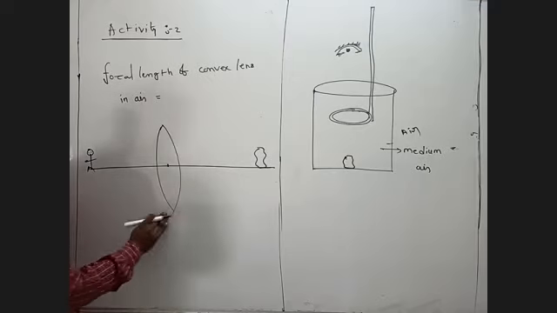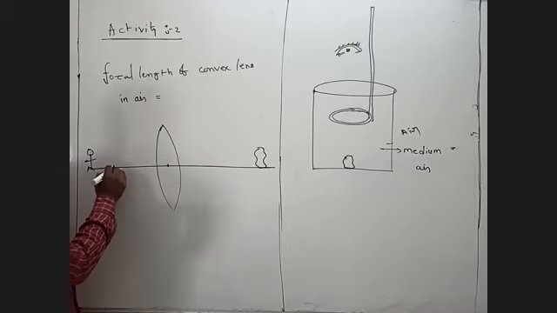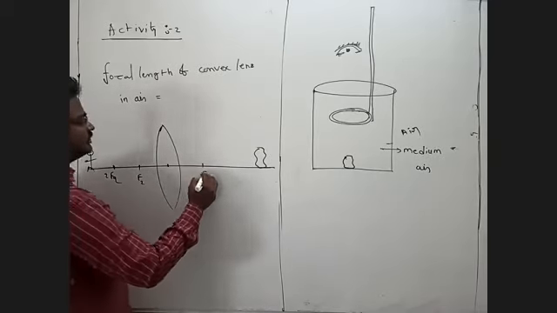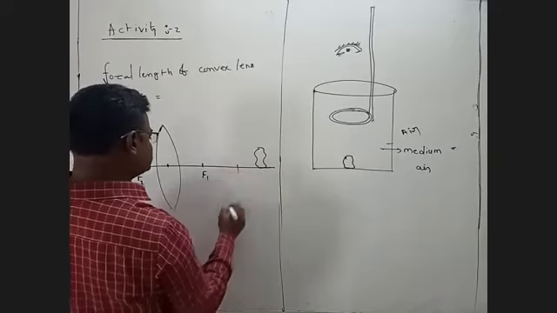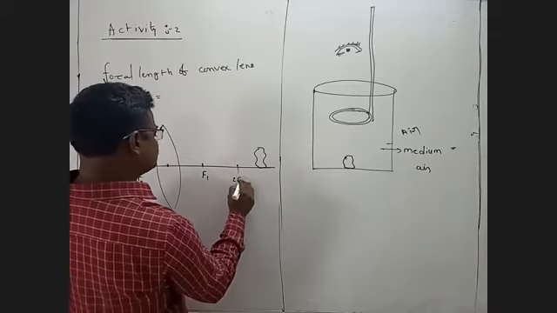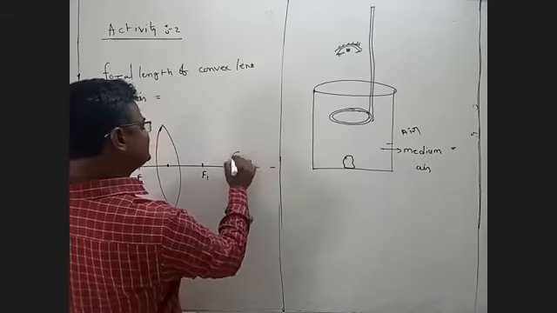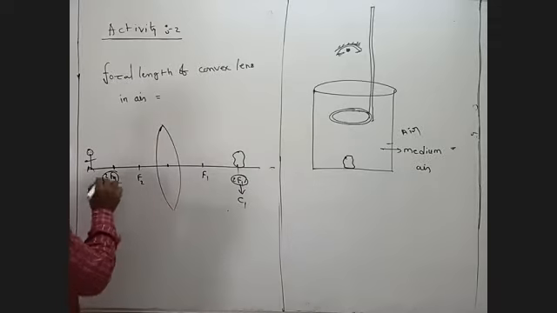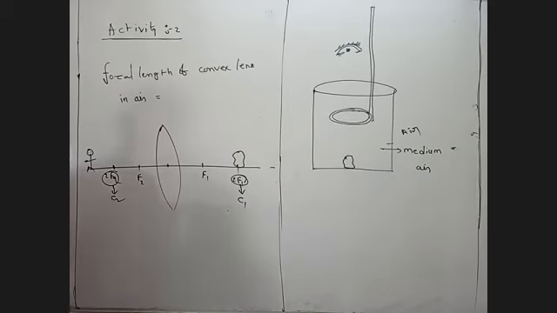Here, this is 2F1 and this is 2F2. This is F1. The stone is placed here. Take this as C1 and this as C2.